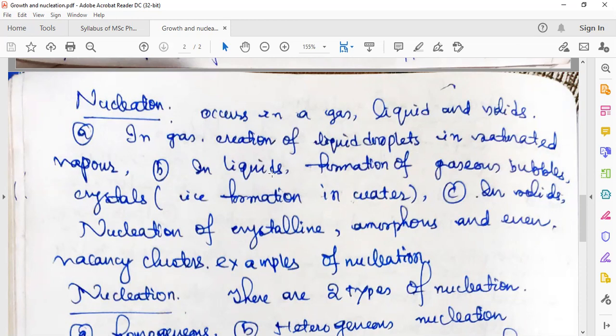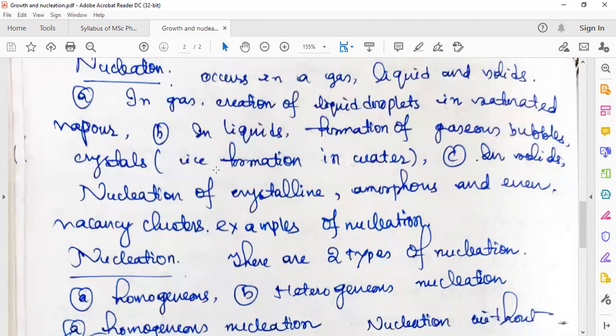That is an example of nucleation in a gaseous medium. In liquids, formation of gaseous bubbles, like ice formation in water, is also an example of nucleation.